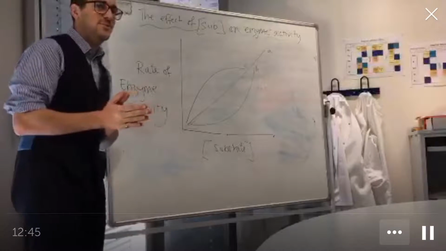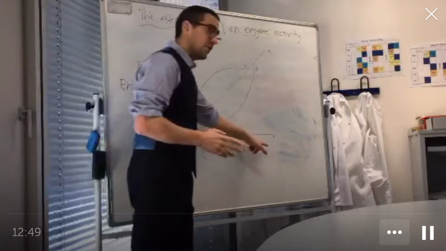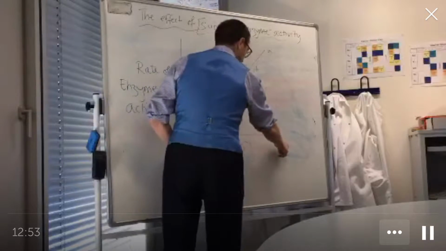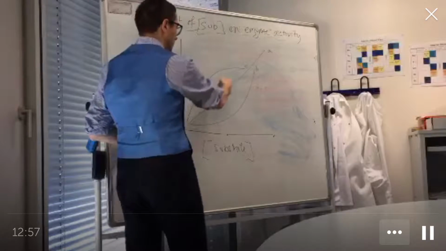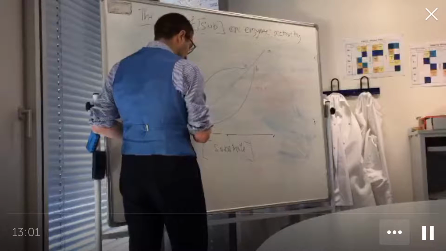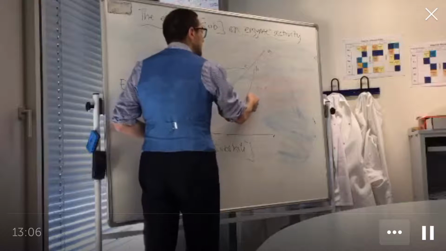Raphael, which one are you going for? It depends on the concentration, right? So as the concentration increases, if you were to plot concentration increasing with the rate of activity, would you expect the rate to increase at the same proportion? Would you expect, as the substrate increases, not much increase initially, and then suddenly the increase gets faster?